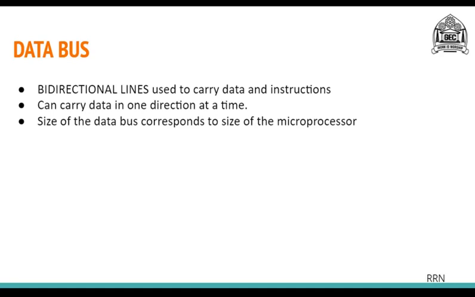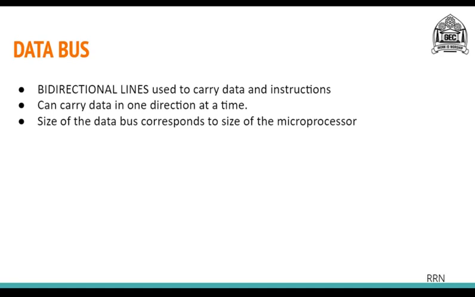Now the main important point here, students, is that the size of your data bus predicts the size of your microprocessor. When we say that we are using an 8-bit microprocessor or a 16-bit microprocessor, we generally mean that our microprocessor has a data bus of 8 bits.